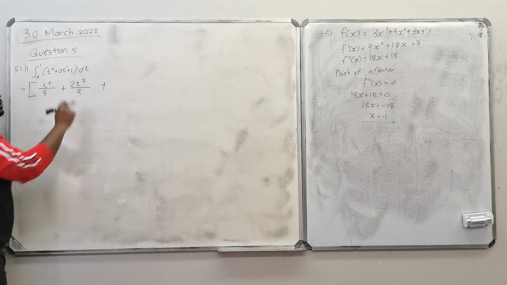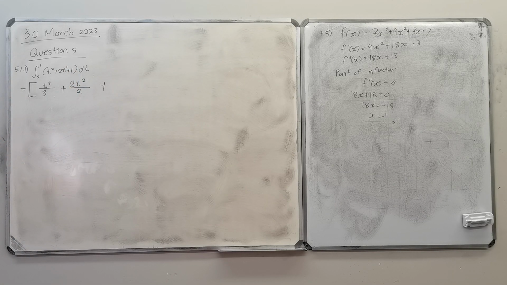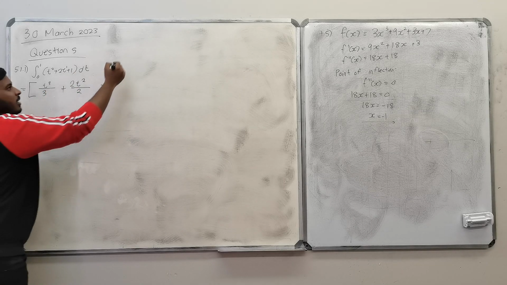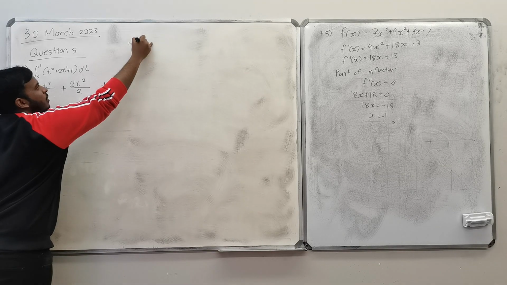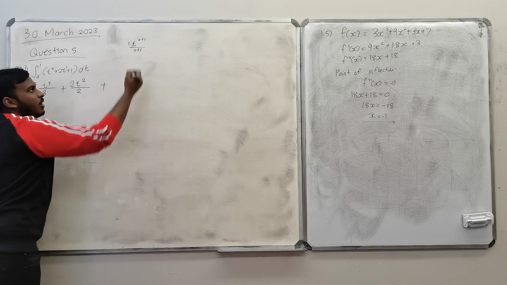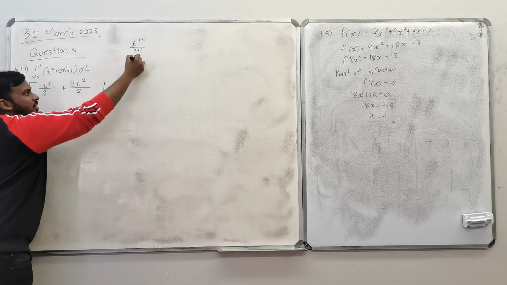Plus, remember when we did the integral of 1? I said it's not like differentiation where a constant will disappear. The constant will bring that term back because it's the opposite of differentiation. Remember when we did the integral of dx, we said it was x. In this instance it would be t to the power 0 plus 1 all over 0 plus 1, which is t.